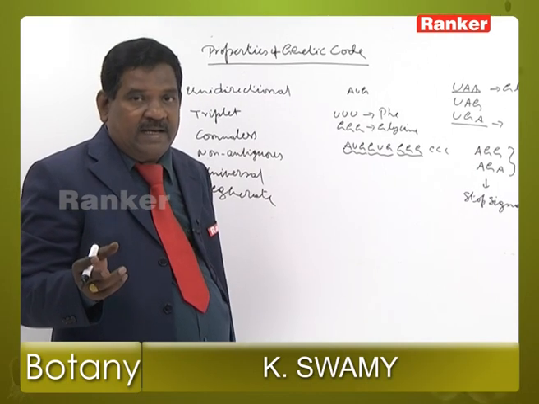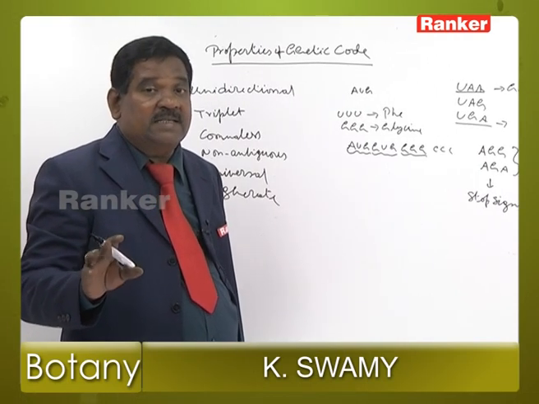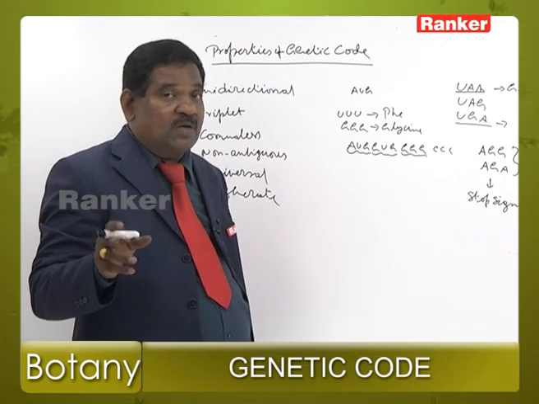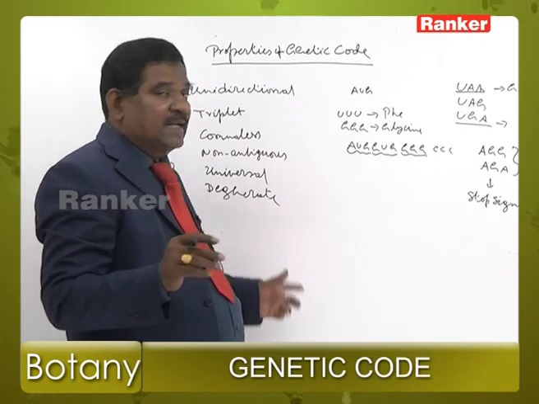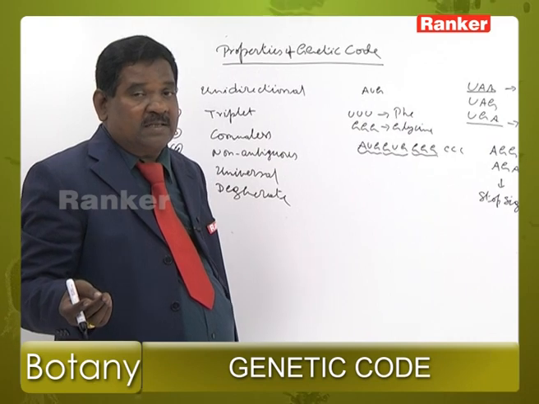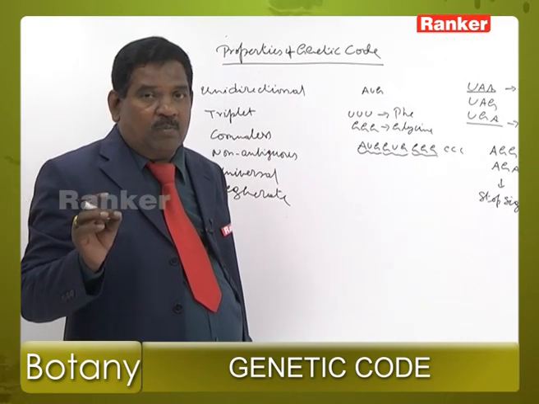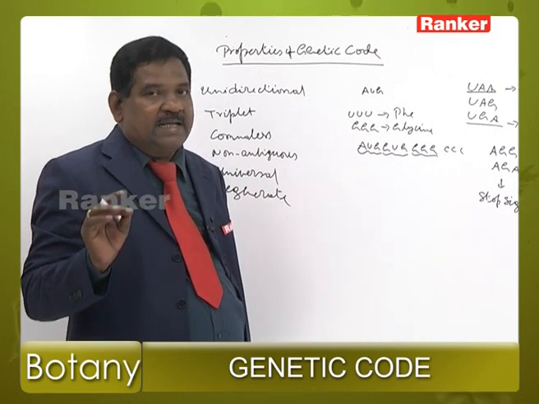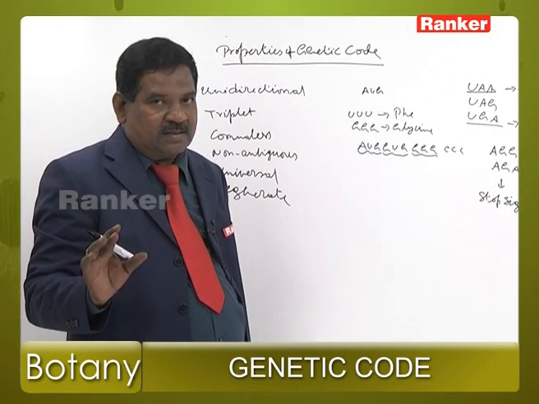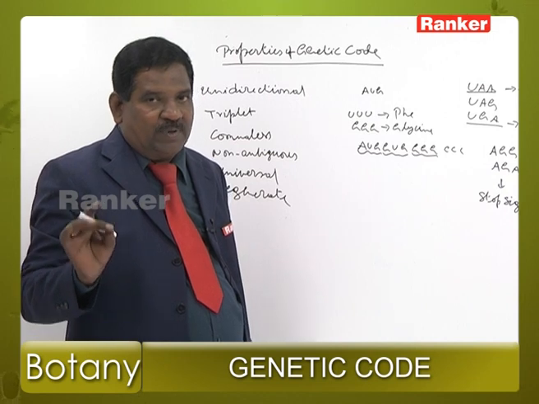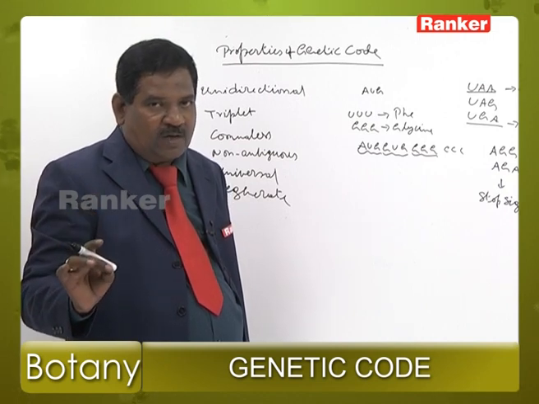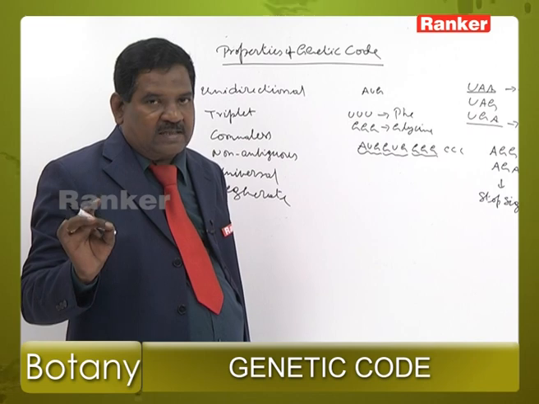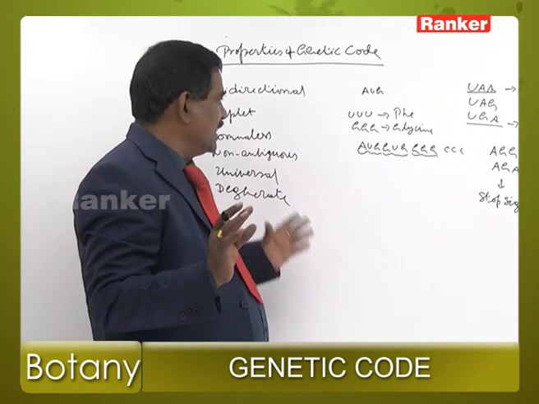For example, serine is recognized by 6 codons. Those 6 codons are collectively called degenerate codons.